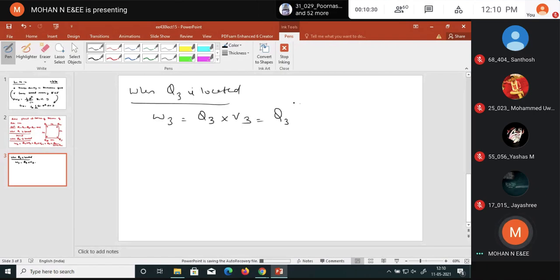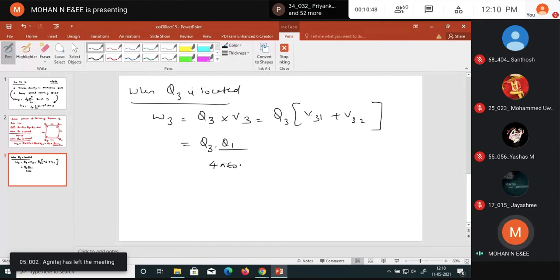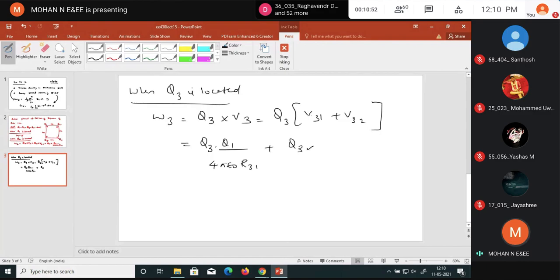The potential will be due to charge 1 and charge 2. So Q3 into V3 is Q3 into Q1 by 4 pi epsilon naught R31 plus Q3 into Q2 by 4 pi epsilon naught R32. So that is W3.